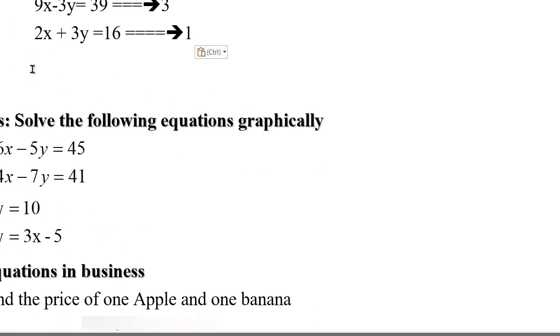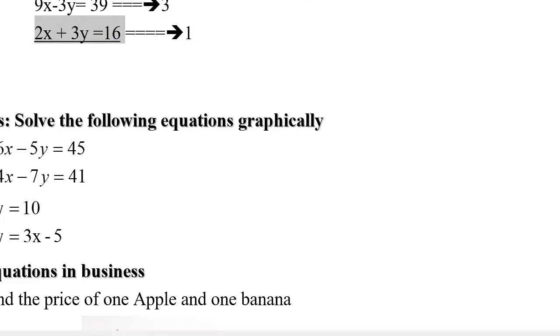So after adding this equation, we will get 9x and 2x, it will give us 11x, and 3y and negative 3y will cancel each other, and here it will give us 39 plus 16, so 9 and 6 are 15, and 3 and 4 and 5, so it will give us 55.